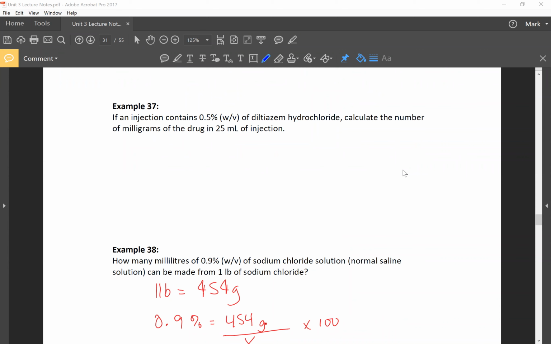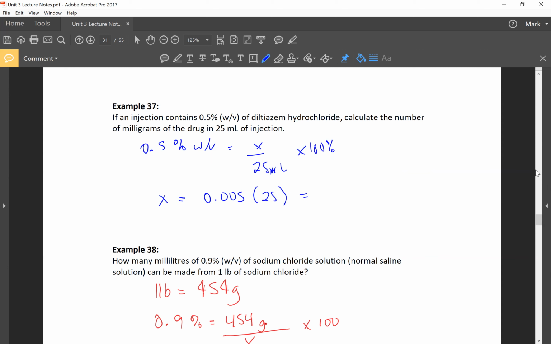So 0.5% weight over volume. Calculate the number of milligrams in a 25 milliliter injection. So I'm just doing this because somebody asked me to show this to them. So X would be 0.005 times 25.